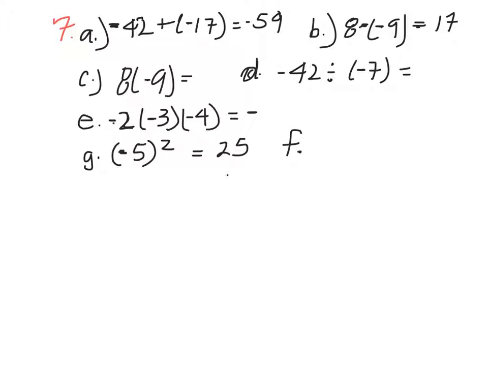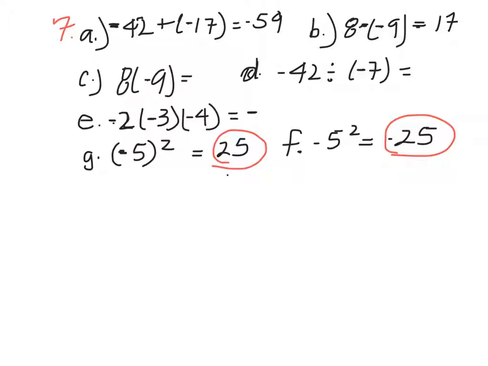F has a problem that looks almost exactly the same. Negative 5 squared. If you plug this into your calculator, however, this is the answer you'll get. Why is this answer different than this answer?